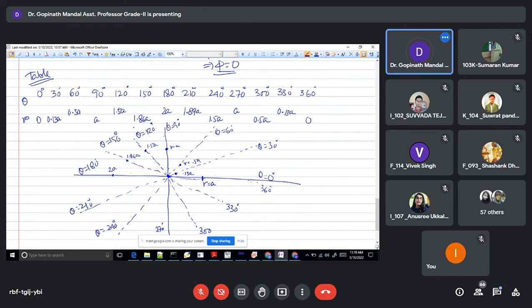At 210, the value decreases to 1.86, and that is here.